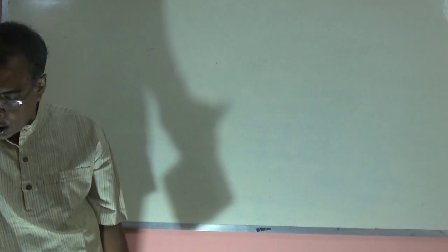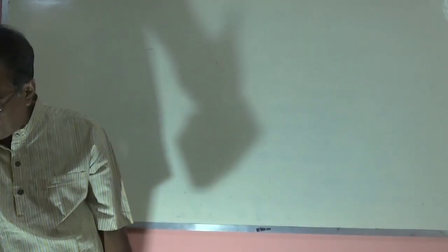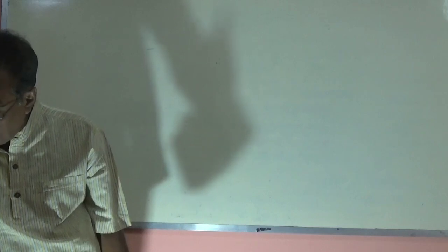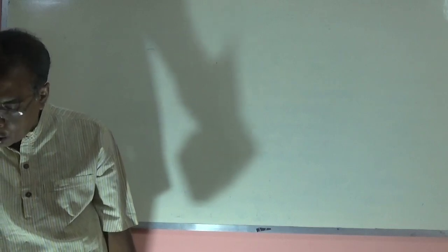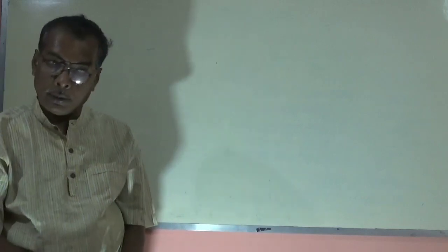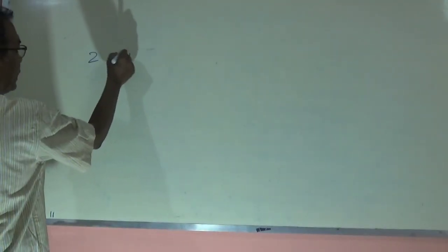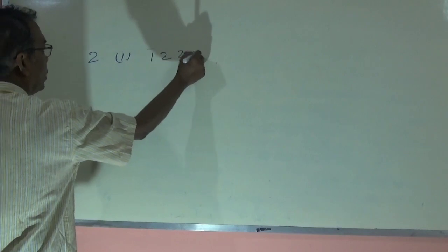Question number 4 is, show that each of the following numbers is a perfect square, and in each case find the number whose square it is. The meaning of the question is, they have already told 1225.